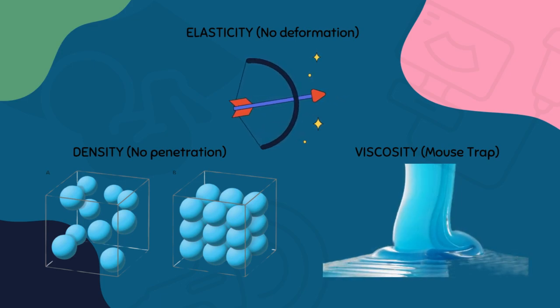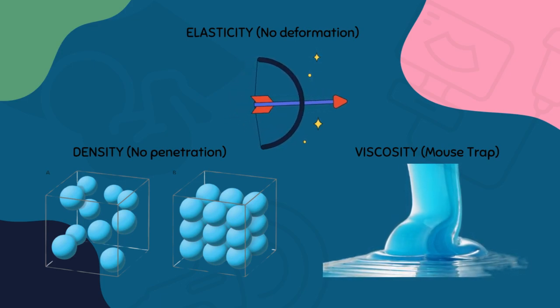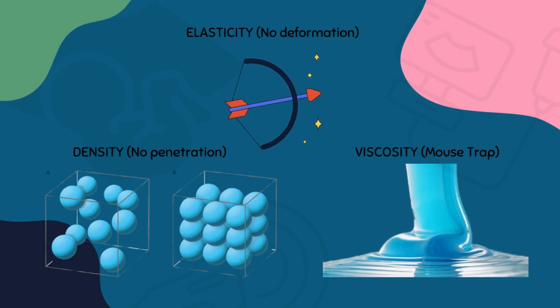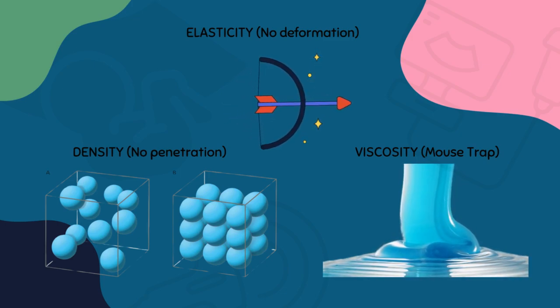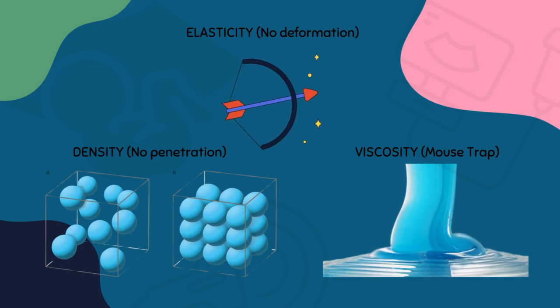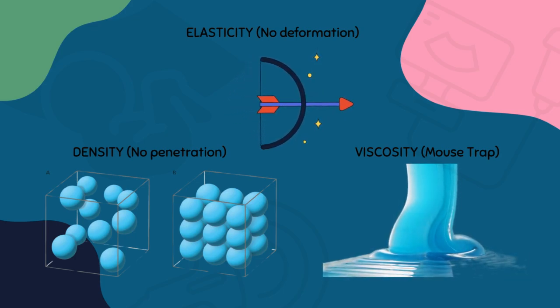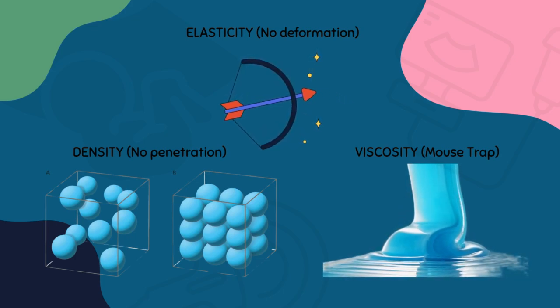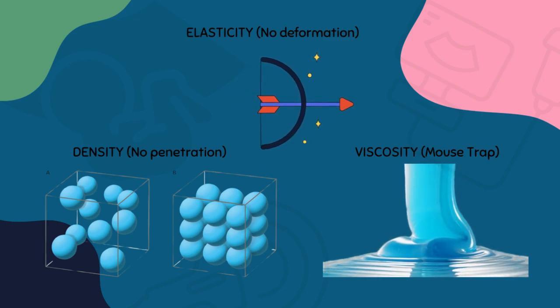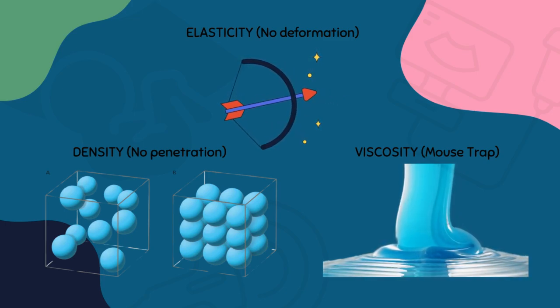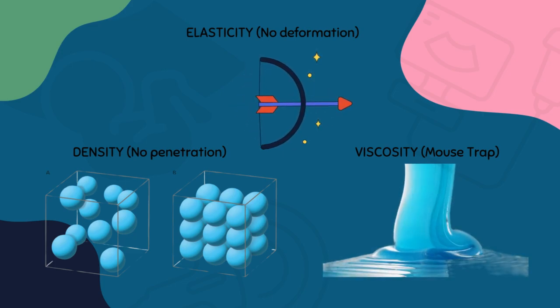To understand the last one, which is viscosity, we can picture a rodent that needs to run across a straight line AB to pick a piece of cheese at point B and return back to point A where it initially started from.